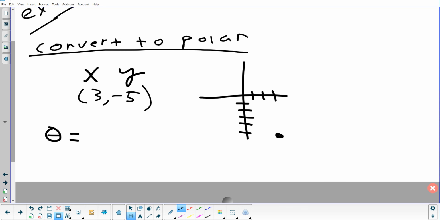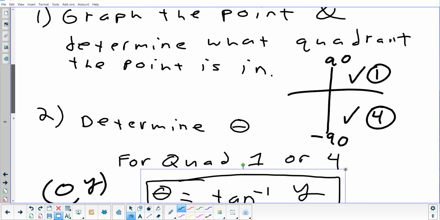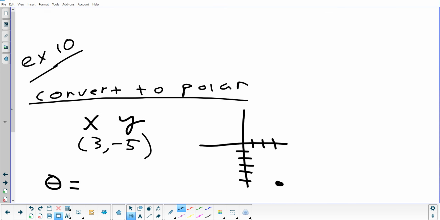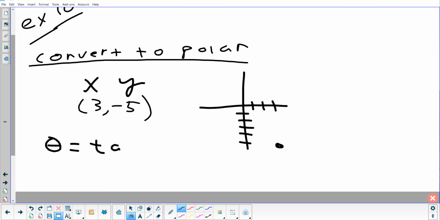When I'm trying to find theta in quadrant 4, do I add 180? No. Don't add 180. Just do inverse tangent of y over x. They're already labeled for you. Y is -5.